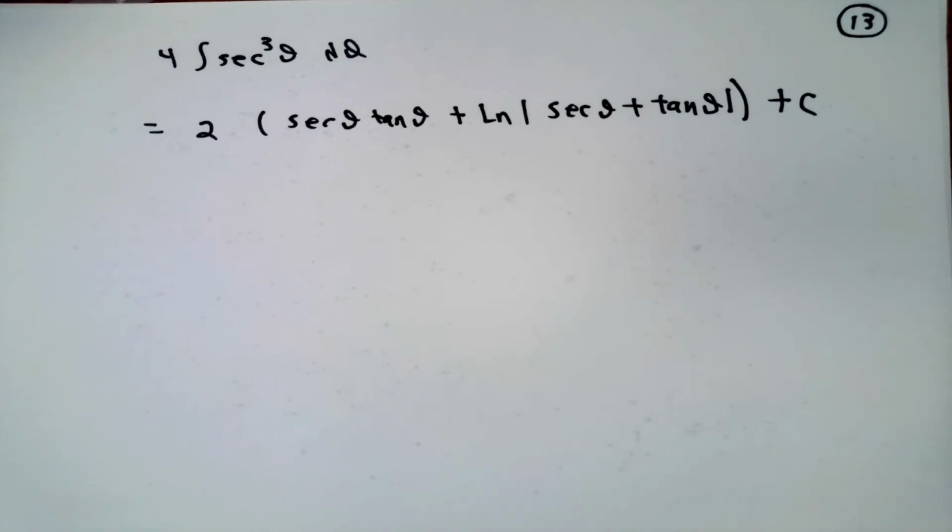the integral of secant cubed is 1/2 multiplied by secant tangent plus natural log absolute value secant plus tangent. Combining the 1/2 and the 4, we find that our antiderivative is 2 multiplied by the quantity secant theta tangent theta plus natural log absolute value secant theta plus tangent theta, plus a constant.